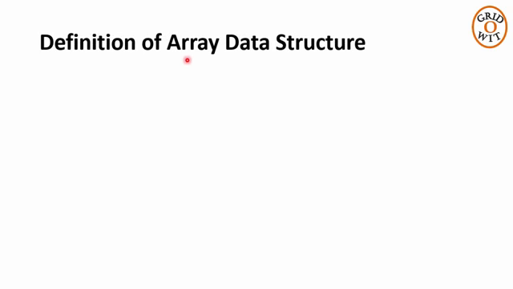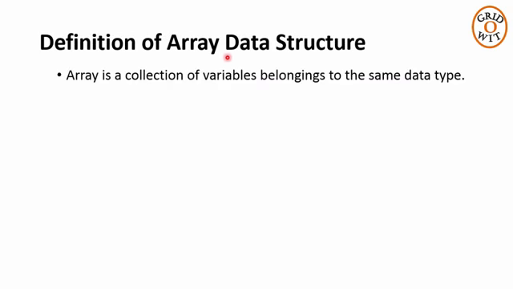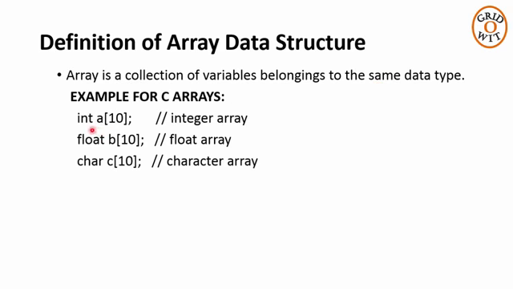Now we can define the array. An array is a collection of variables belonging to the same data type, or we can say homogeneous data type. For example, in an integer array, all the values will be of integer type. In a float array, all the values will be of float type. Similarly, for the array of characters, etc. Next, the size of the array is a constant value which should be mentioned at the time of declaration of an array.